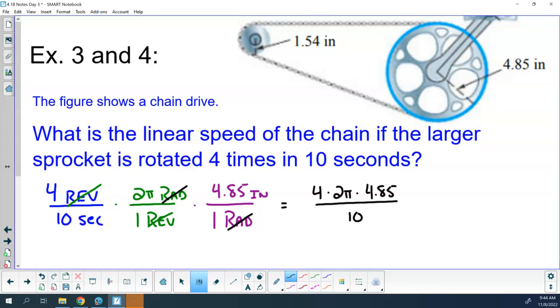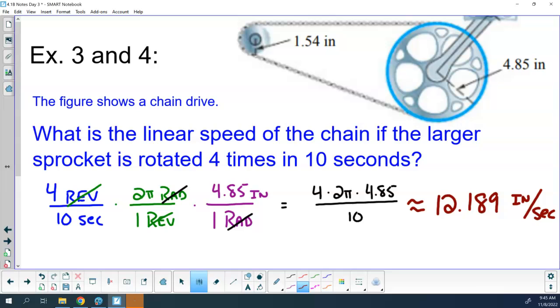So 4 times 2 pi times 4.85 divided by 10 is, I get 12.189 inches per second. It's moving about a foot a second. Agree? That's good.